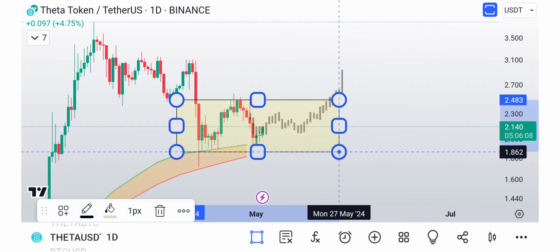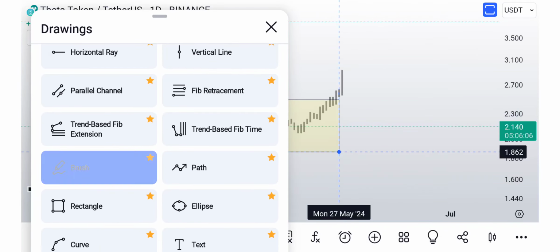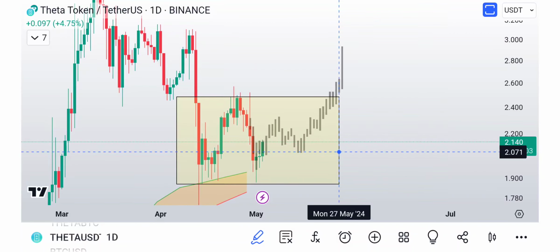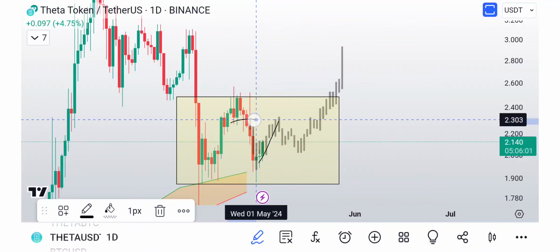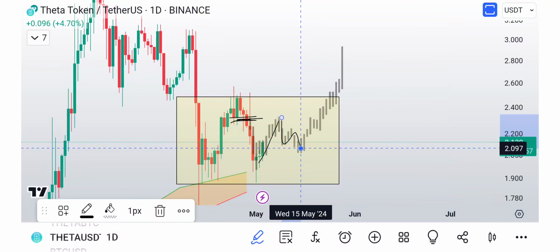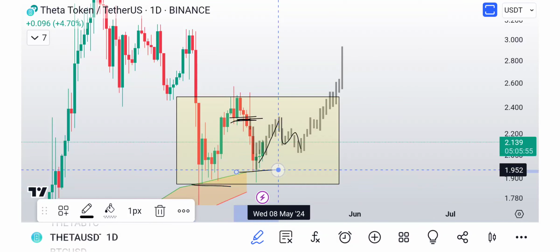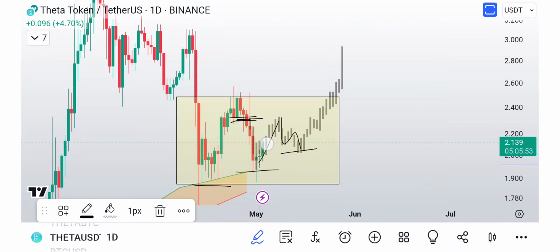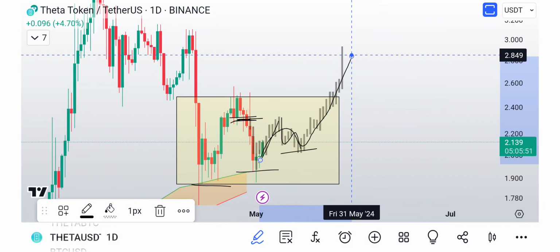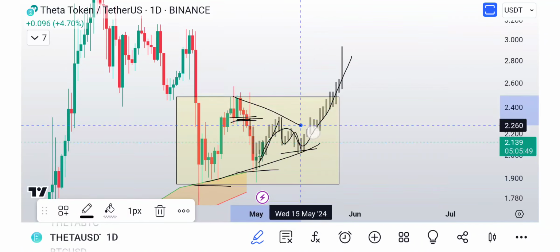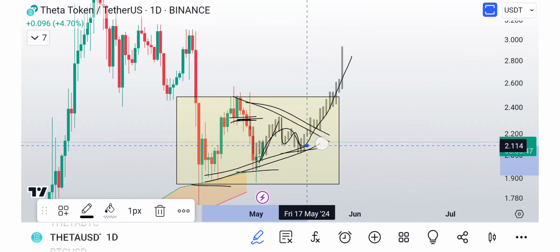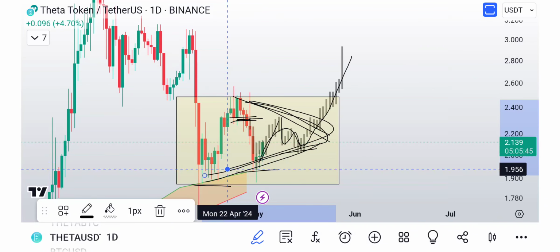And if I had to choose, it would probably be something like this, where we come up, we bump our heads right here, we find some resistance, we have a nice three-way pullback, we have a low, a higher low, a higher low, and then we continue higher. And a lot of people are going to say, oh, it's a triangle. It's going to make a triangle-looking shape.